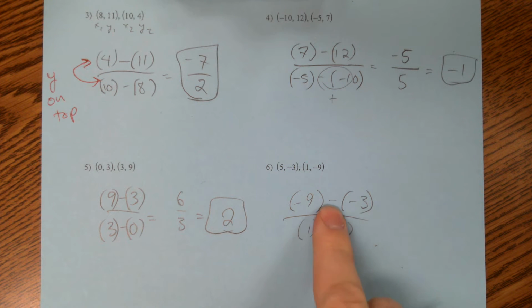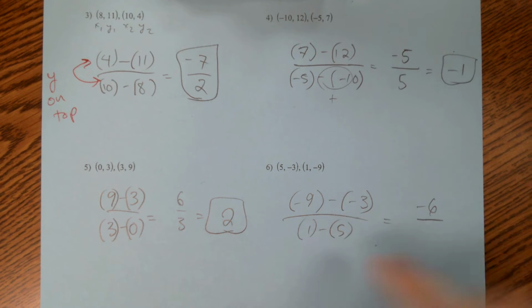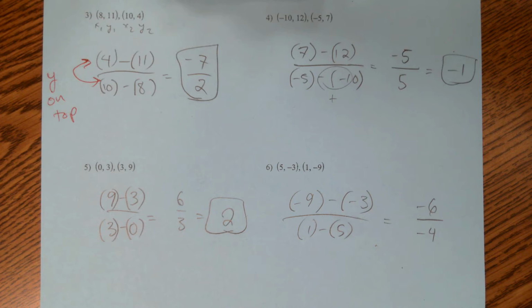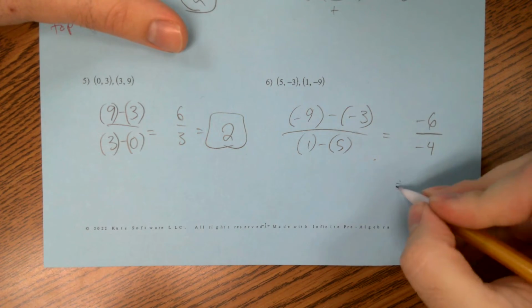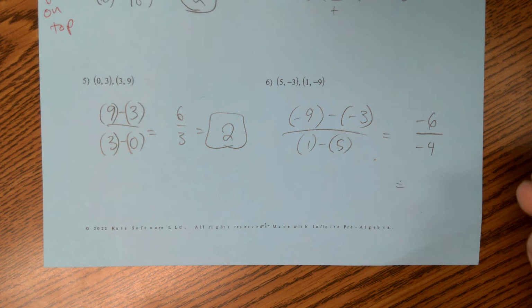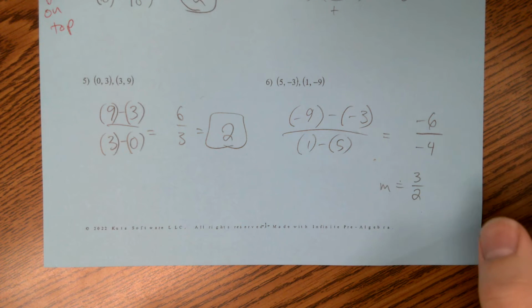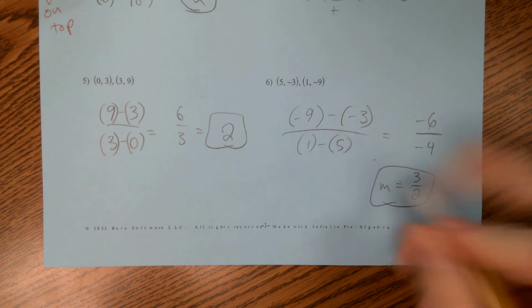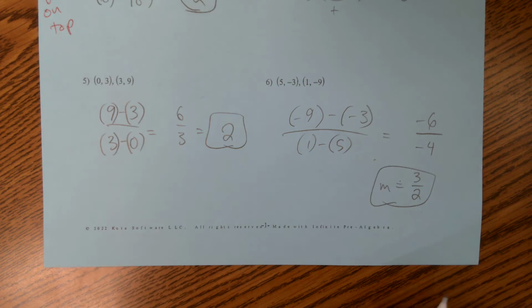Negative 9 plus 3 gives us negative 6. 1 minus 5 gives us negative 4. And what is this going to simplify to? Anyone get the simplified answer here? 3 over 2. Positive or negative? Positive, that's right. A negative divided by a negative cancels out and you get a positive.